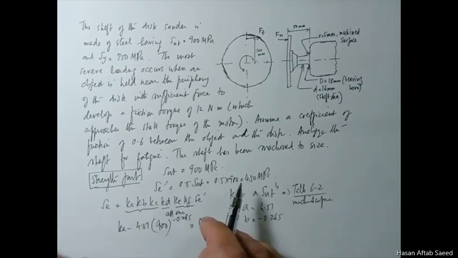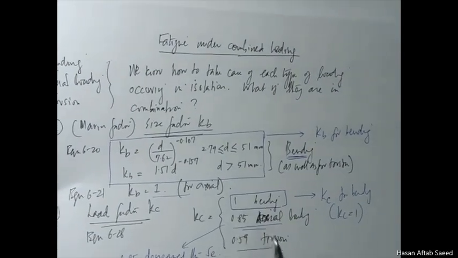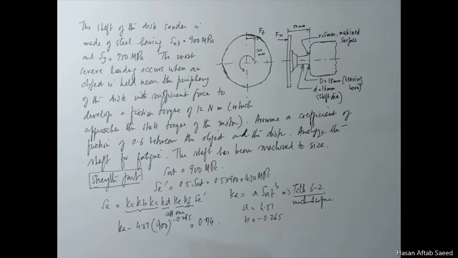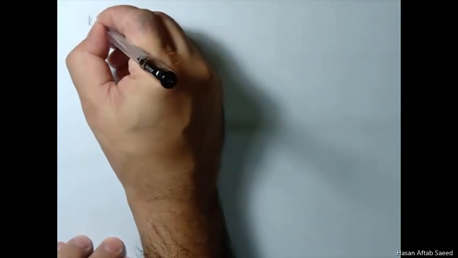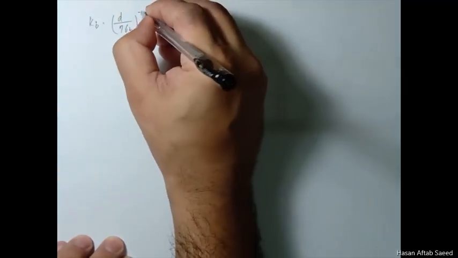Now Kb, Kc we just discussed, both Kb and Kc. You take both of them for bending. Kb for bending and torsion is the same thing, and Kc you take 1 for bending. Let's do it here. D over 7.62, this is your expression for bending and torsion.